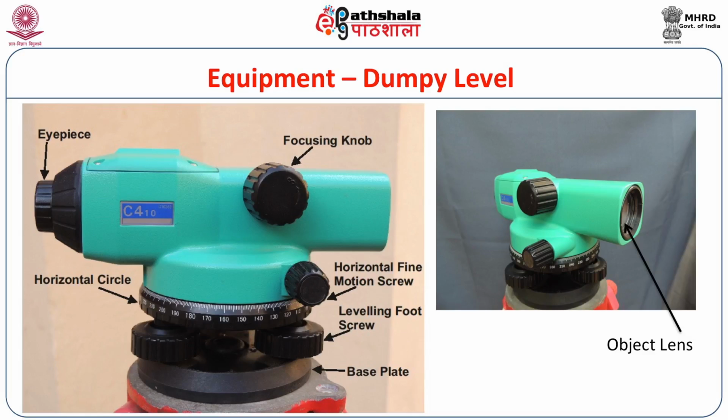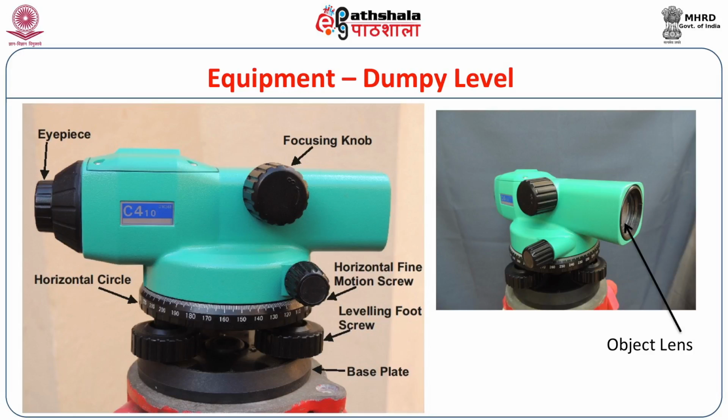There is a horizontal fine motion screw to adjust the reticle, and then leveling foot screws, that is to make the instrument horizontal. We use the foot screws to adjust the level, and then the base plate is usually mounted on the tripod.